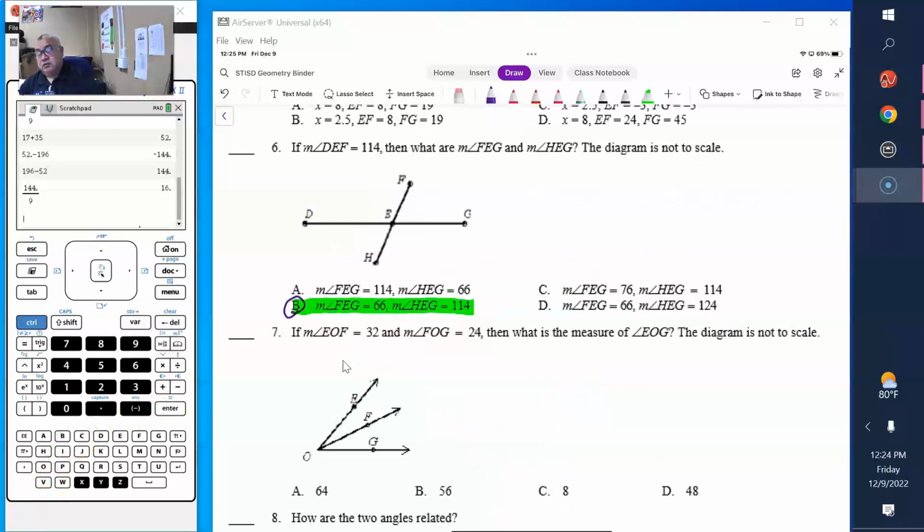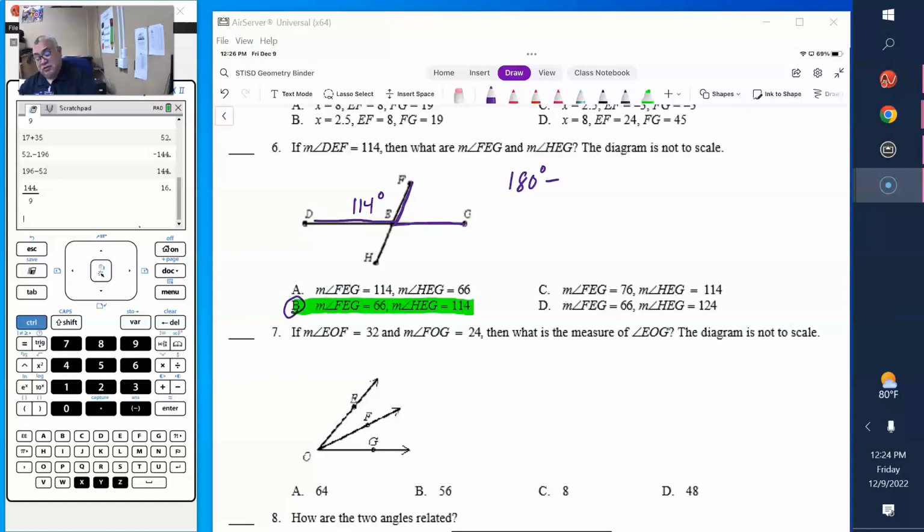The measurement of angle DEF is 114. What is the measurement of angle FEG? Well, we know that angle FED and angle FEG are a linear pair, and they have to be supplementary.